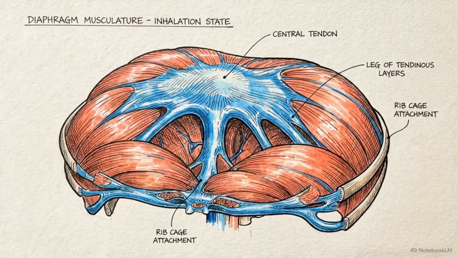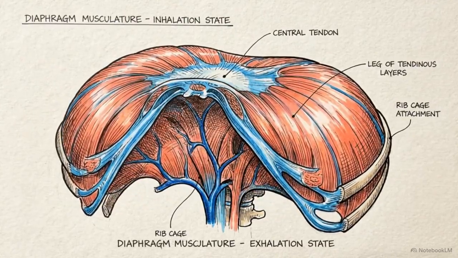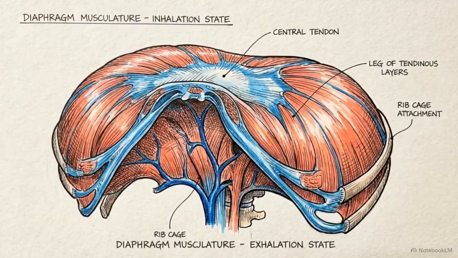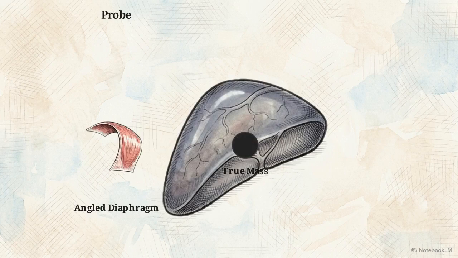There is a complex anatomical region where acoustic geometry routinely breaks down: the junction between the liver, the lungs, and the diaphragm. The diaphragm acts as a massive, highly reflective acoustic mirror, and it sits at an angle to the incoming ultrasound beam. This diagram tracks the errant beam. The sound travels from the probe, hits the angled diaphragm, and is deflected sideways deep into the liver tissue.